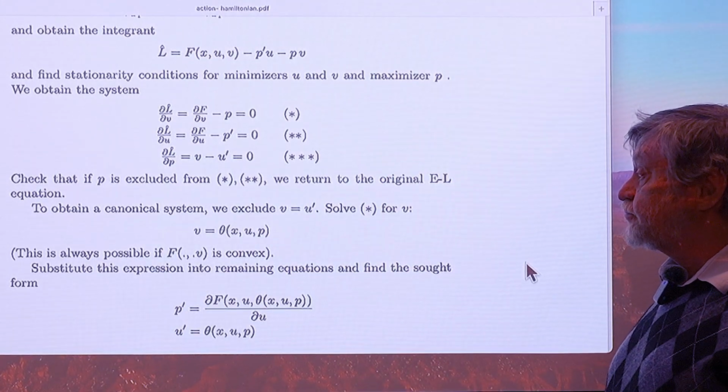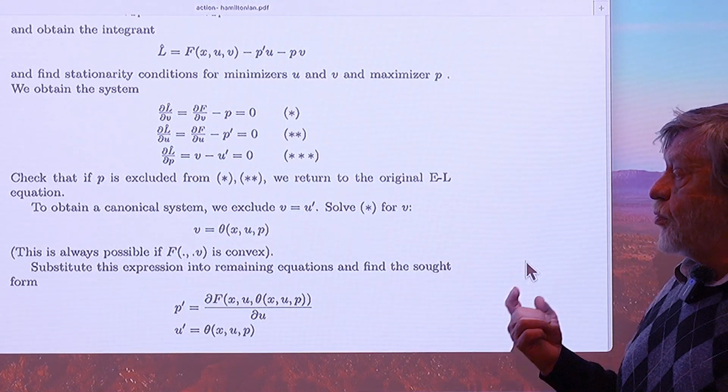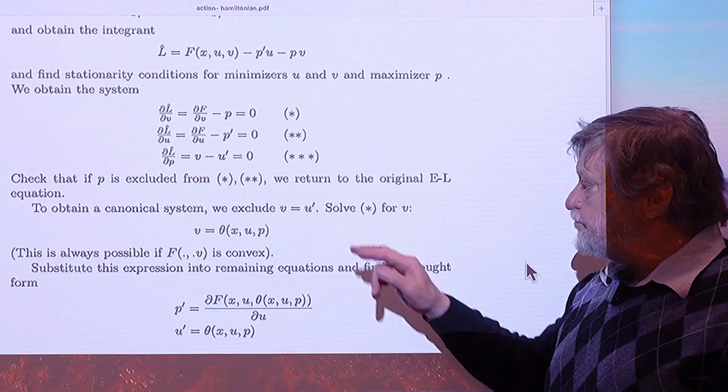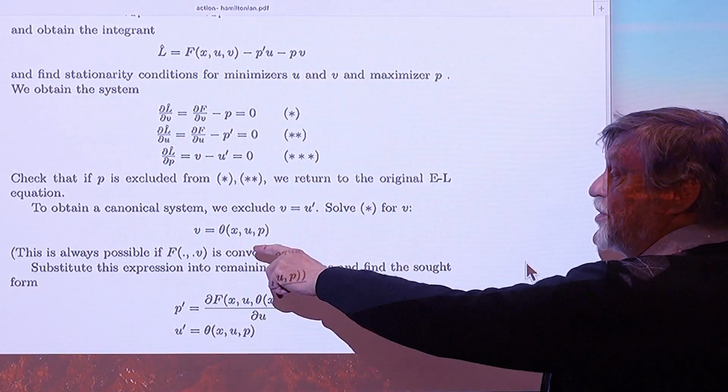To go to the canonical system, we just need to do one operation: we need to exclude v. For this, we can solve the first equation for v.